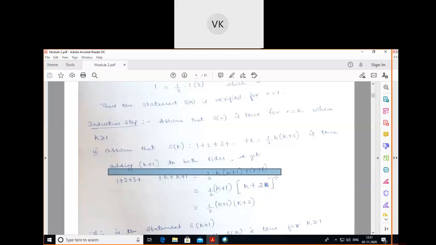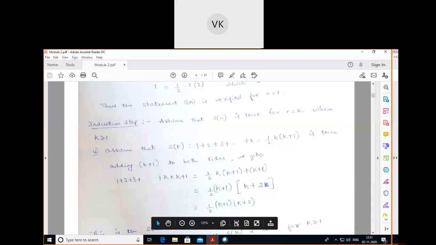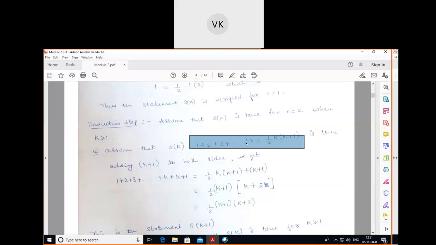Initially this was balanced. I have added k plus 1 to the LHS, so to balance it we need to add k plus 1 to the RHS.